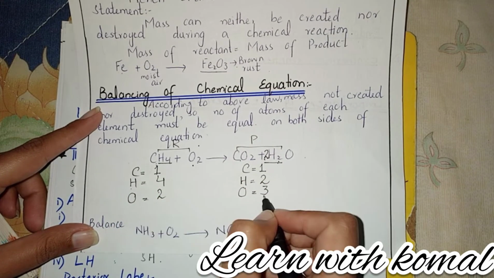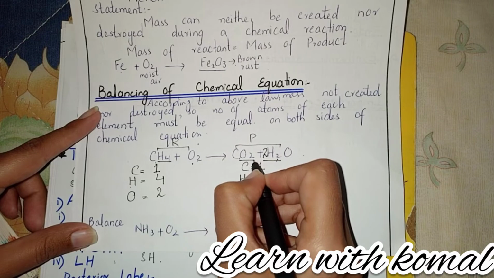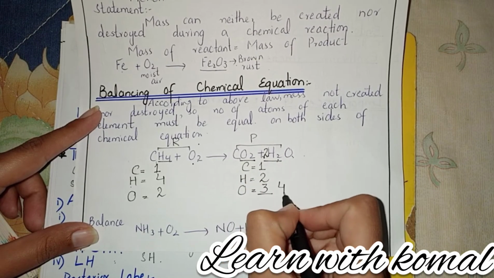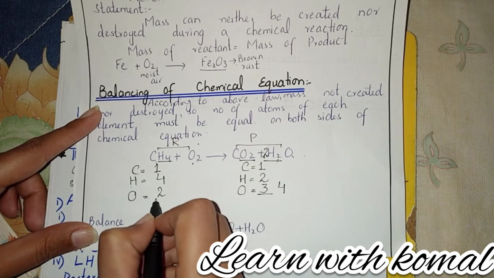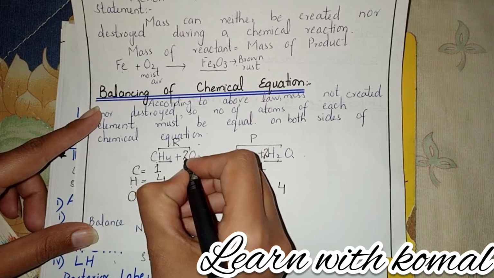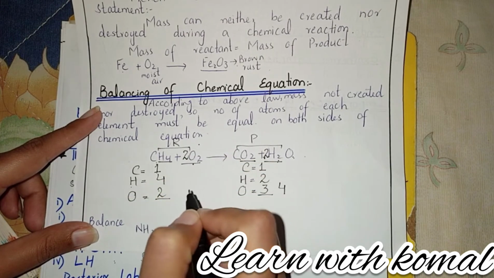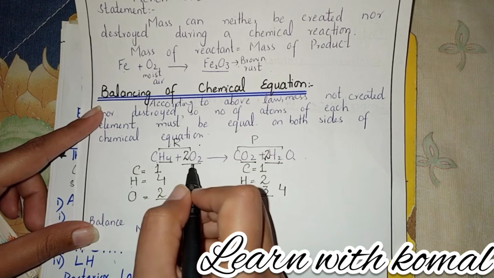Here oxygen is 2 and here oxygen is 3, but now it is not 3. 2 oxygen are there while 2 oxygen are there, so it becomes 4, while here it is 2. So we will add a coefficient of 2 with oxygen to make it 4. Now the chemical equation is balanced.